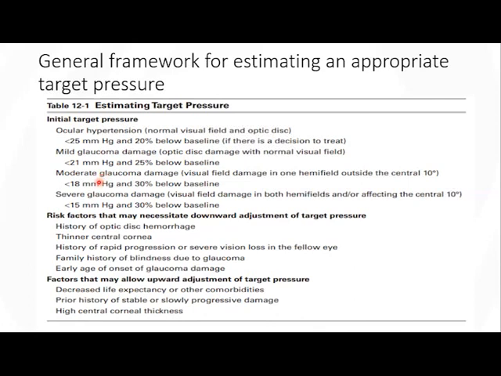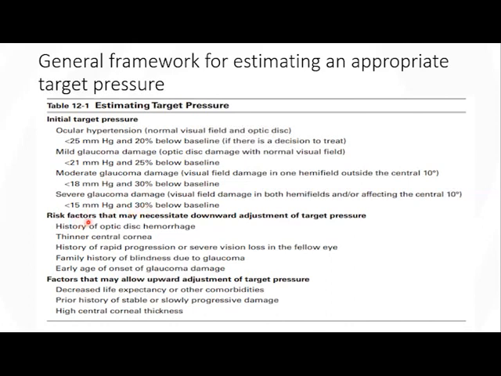In moderate glaucoma damage, that is visual field damage in one hemifield outside central fixation, 18 mmHg and 30% below baseline. And in severe glaucoma damage, the target pressure is less than 15 mmHg and 30% below baseline.